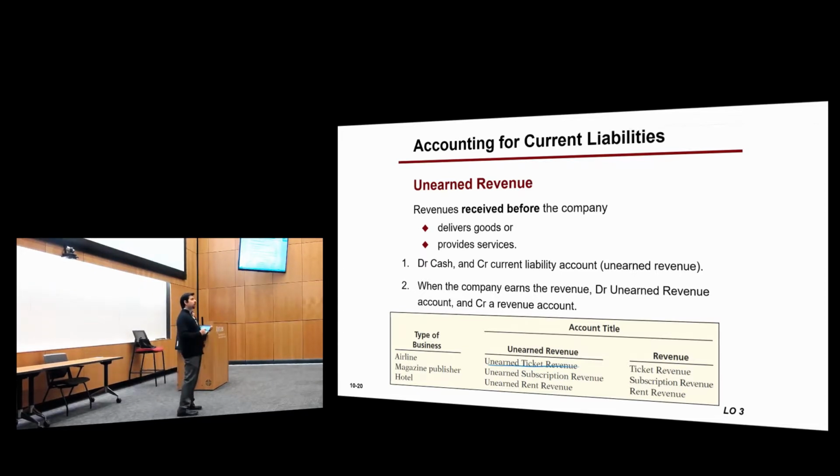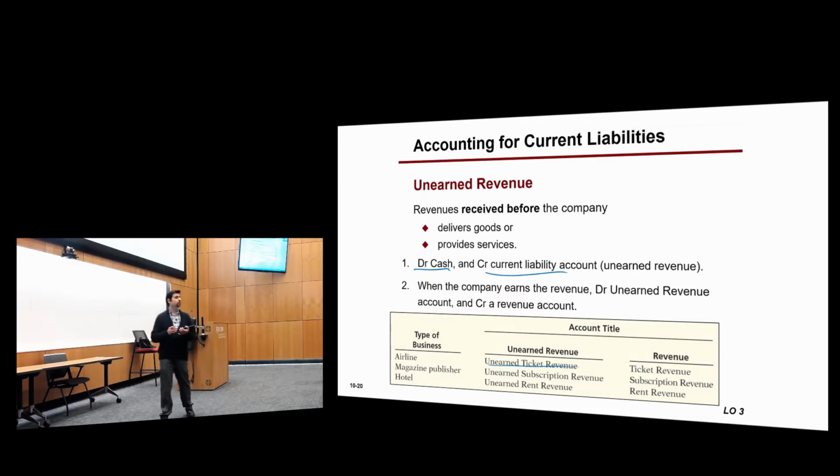When you receive cash, you debit cash and you credit the liability. That's when you receive cash first. When you provide a service, you say, okay, this service that I had not earned, I have now earned part of it. So you recognize the part that you already earned.